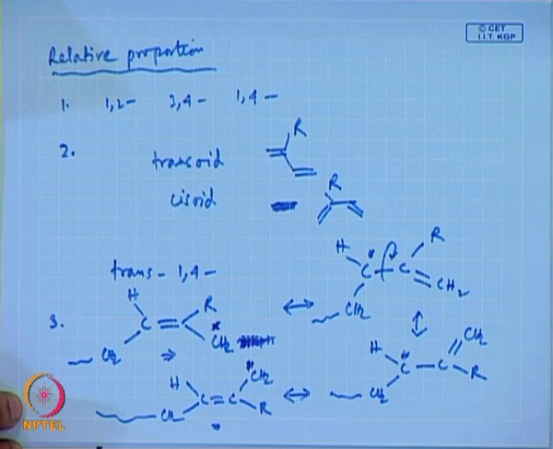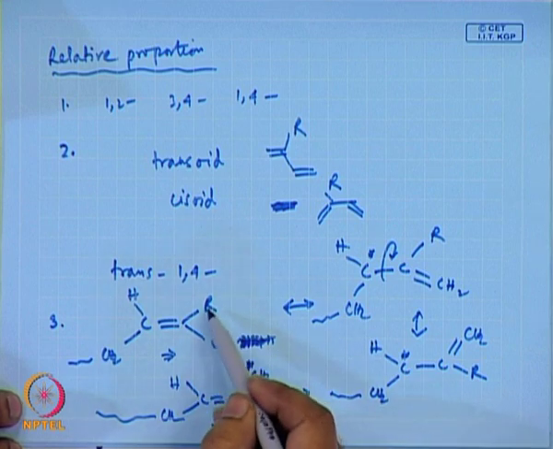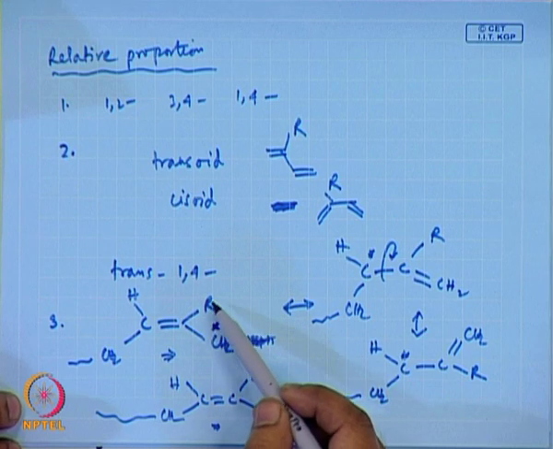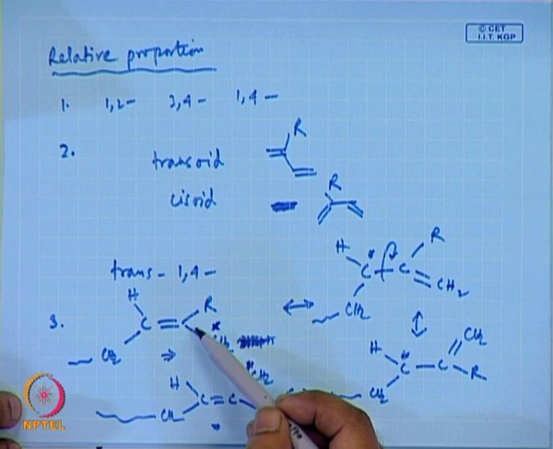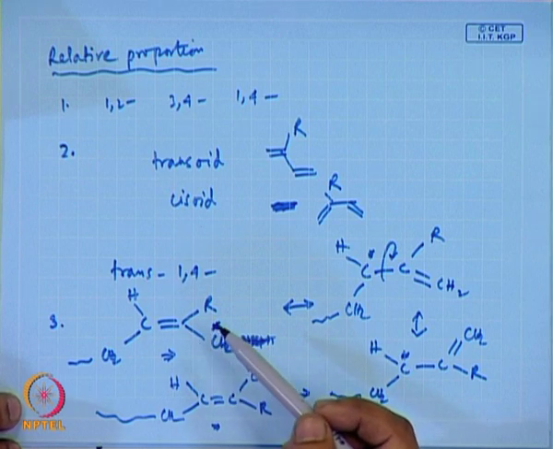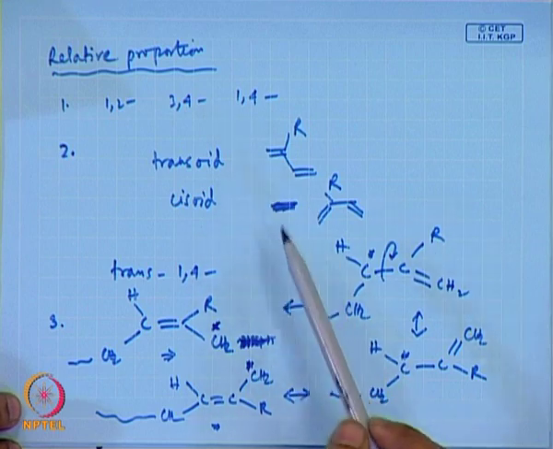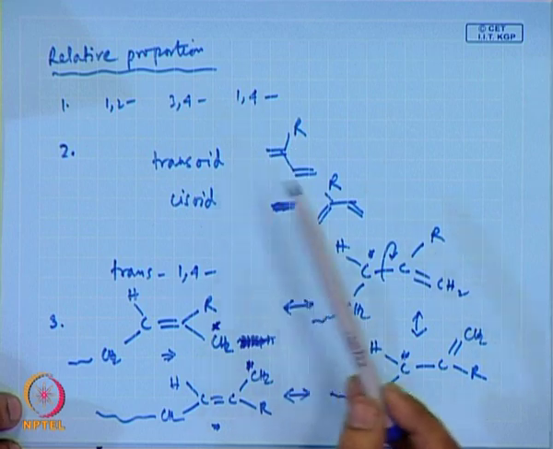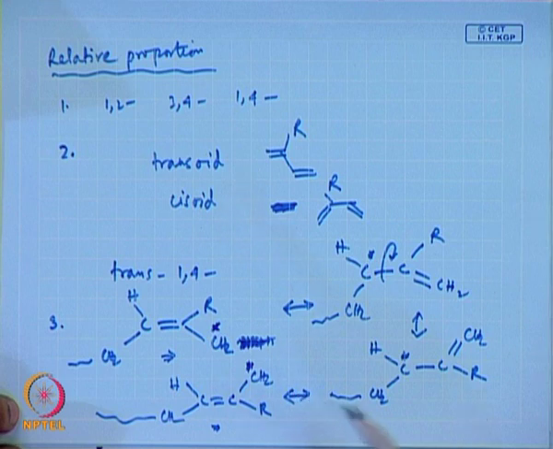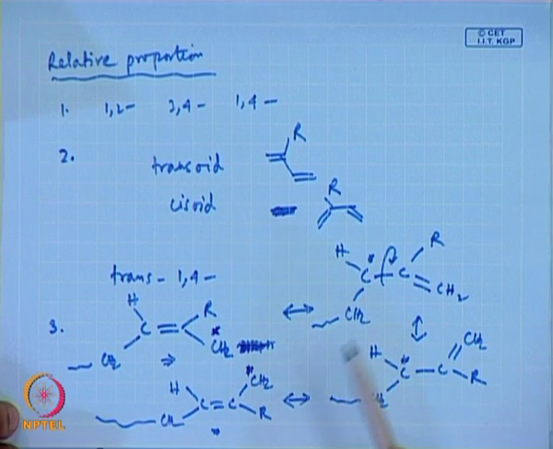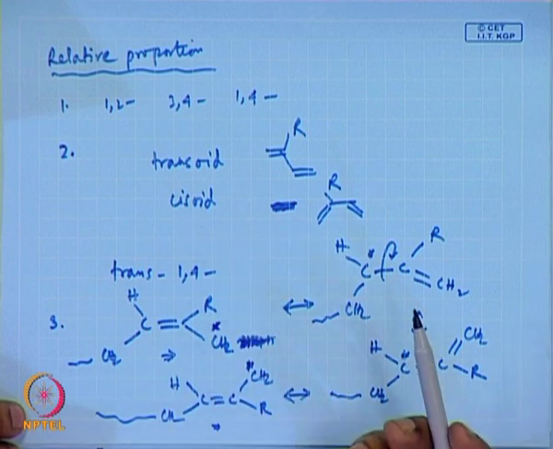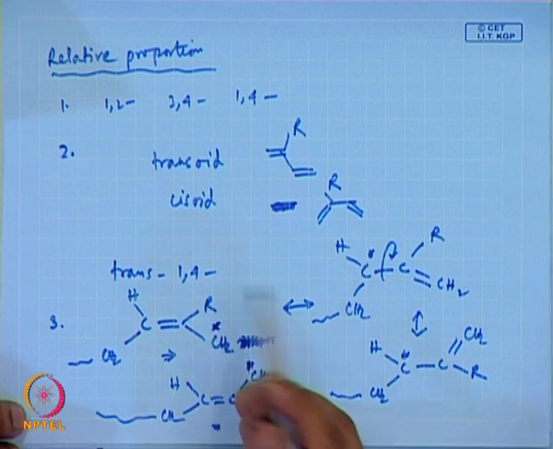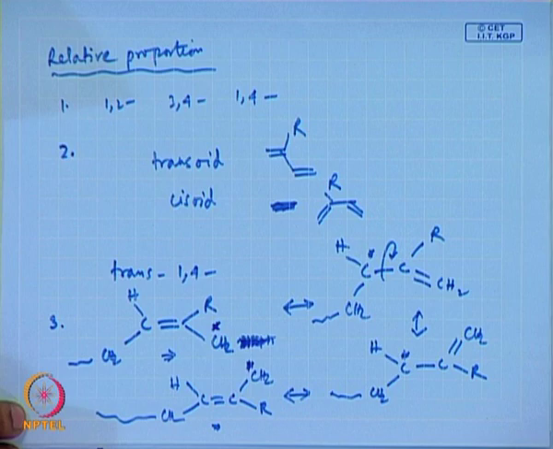Now, if you have this R, depending on the size, obviously you can imagine if R is high, the more the size of R, the trans product will be more dominant, because the energy difference between the cis and trans form will be much higher as you increase the size of the R. So, if you increase the size of R in the absence of any specific mechanism, the trans will be the higher product, and if you decrease the temperature, again trans will be the predominant product.